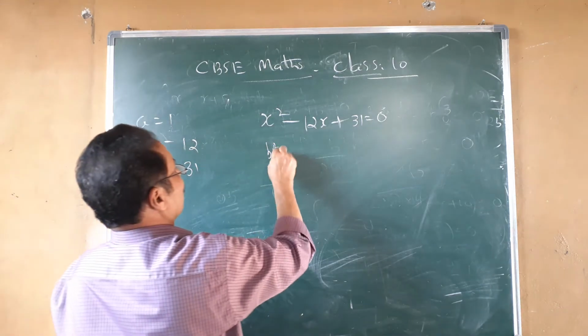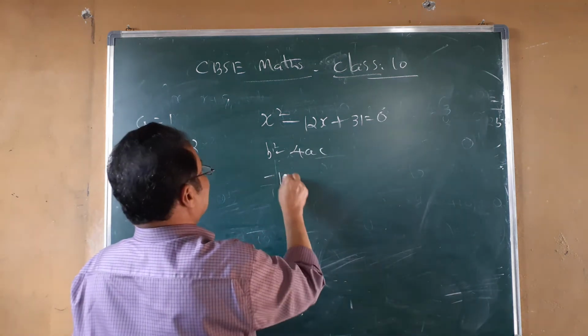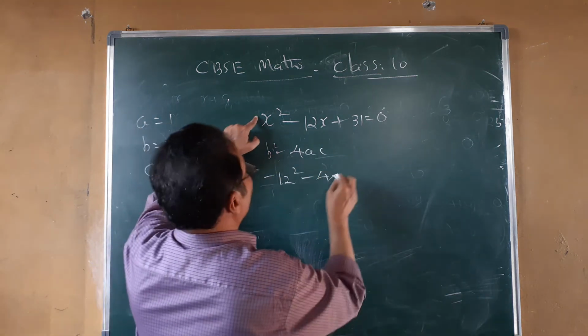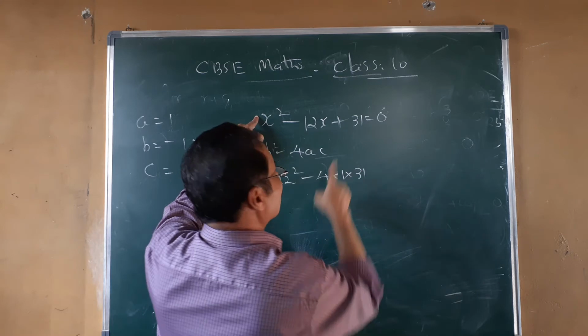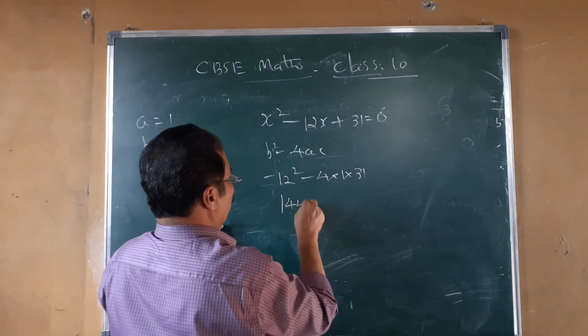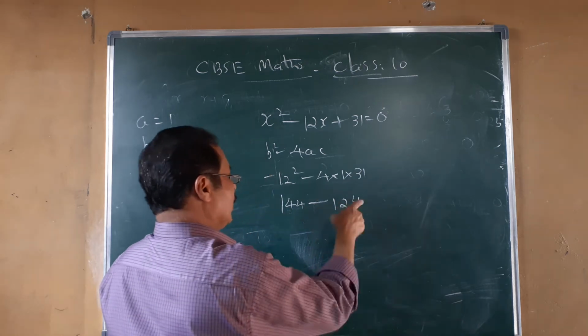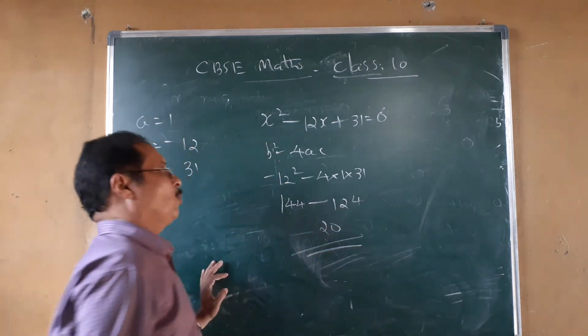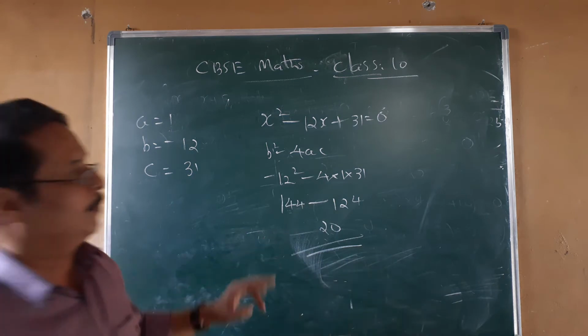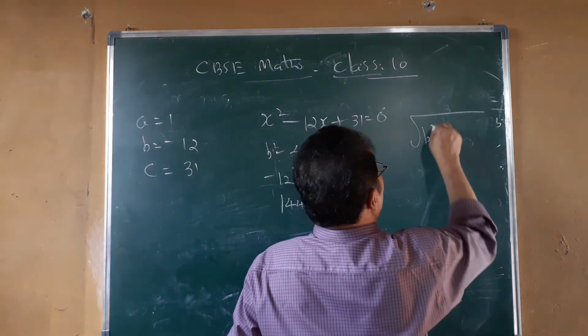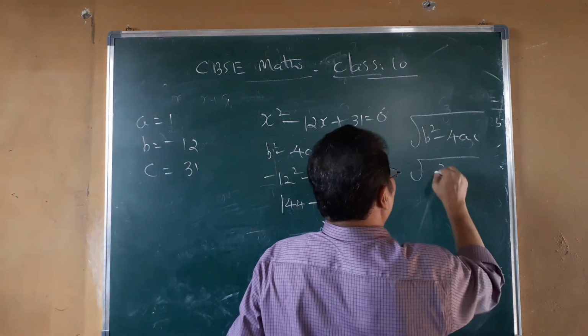So b square minus 4ac is minus 12 square minus 4 into 1 into 31. It is 144 minus 124, which is 20. So b square minus 4ac equals 20. We want the root of b square minus 4ac, that is root 20.